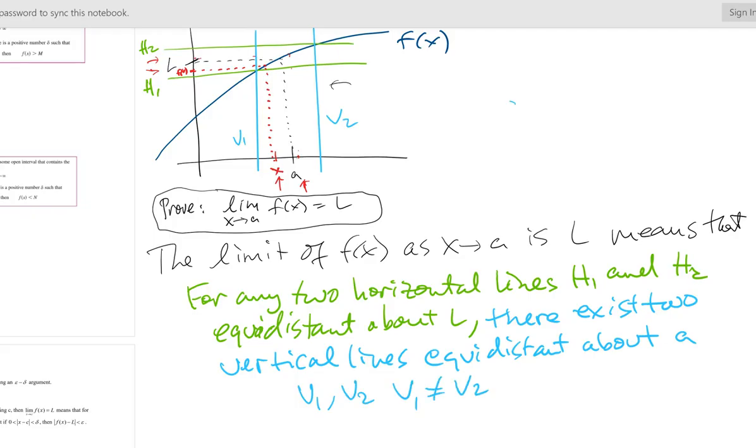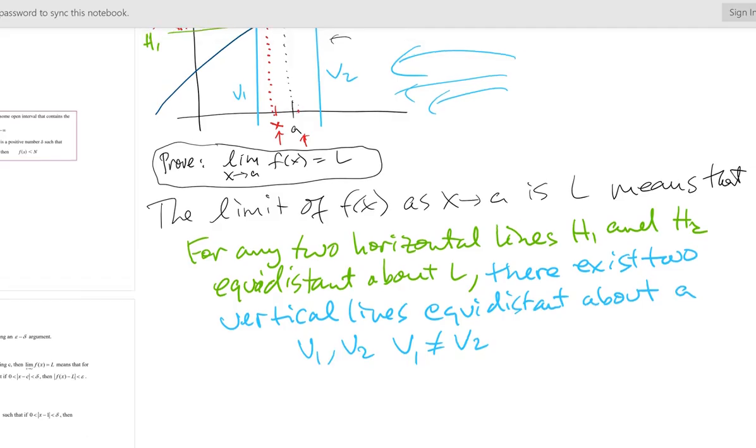If they're equal, then they're going to be on top of a. You don't want that. The limit is not concerned with what's happening at a itself. It's concerned with what's happening around a. So if you made the vertical lines one on top of the other, on top of a, then none of this would work. We're not talking about a limit then.